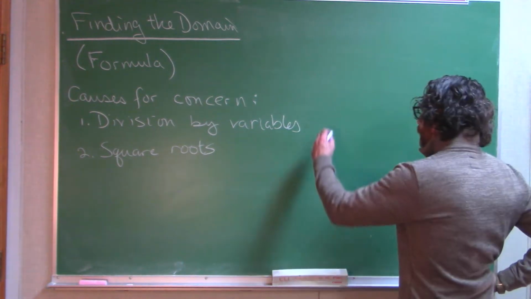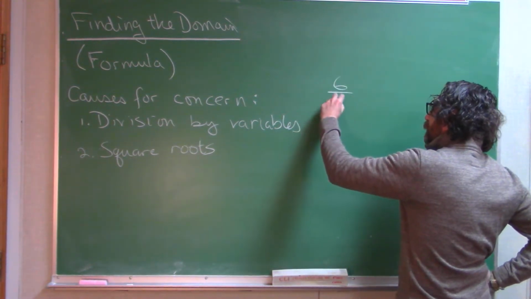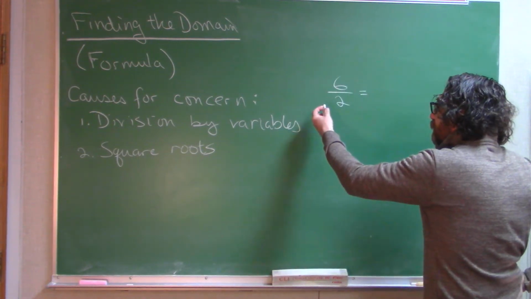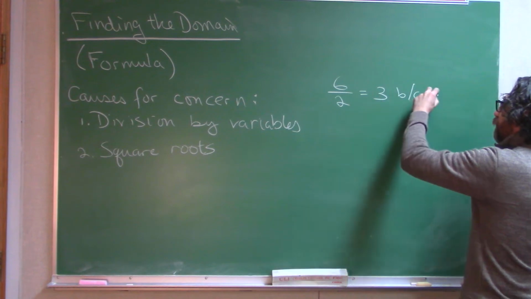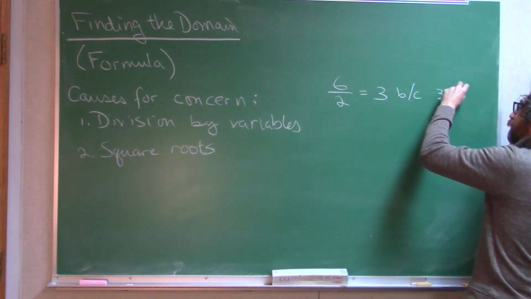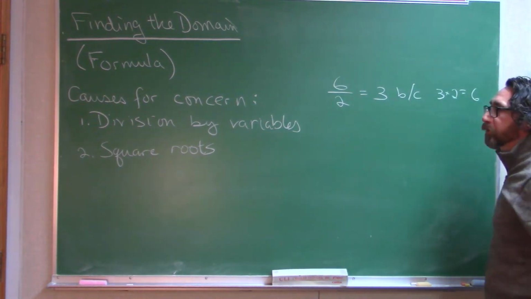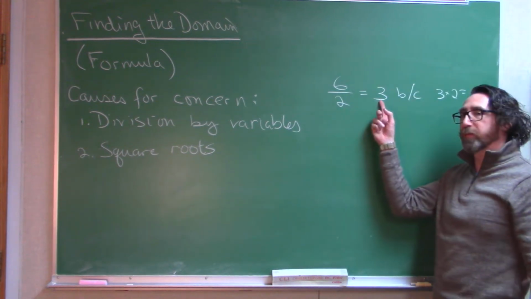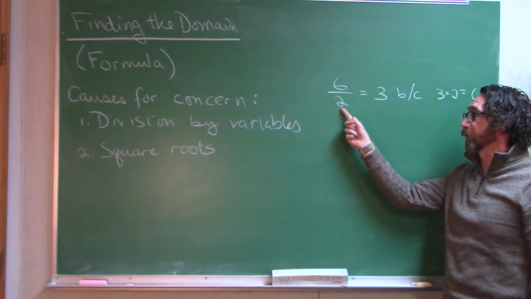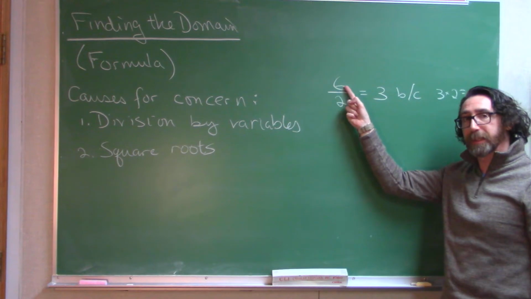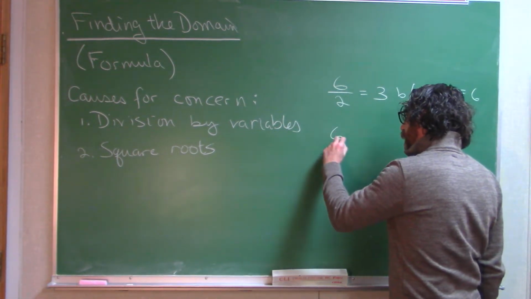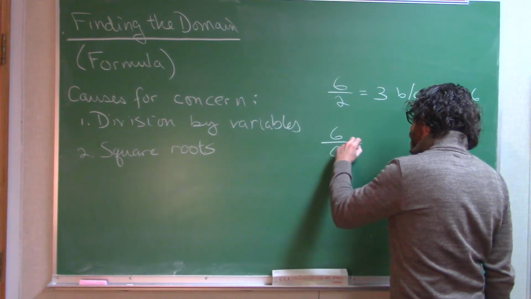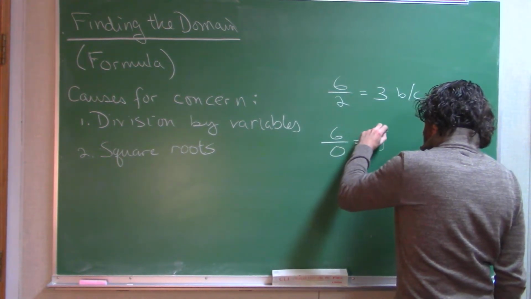And I'll just give a brief explanation here, right? So I can talk about division by 2. So 6 divided by 2 is 3 because 3 times 2 is 6. Whatever the quotient is, I should be able to take the divisor times the quotient and get this. So what if I were to talk about this? 6 divided by 0 equals blank.